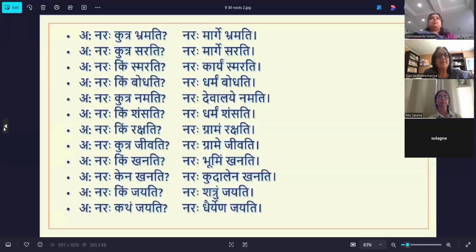Nara Kim Shansati? Shansati means to praise. Nara Dharmam Shansati. Kutra Jivati? Where does he live? Grame Jivati. Khanati means to dig. Kena Khanati?